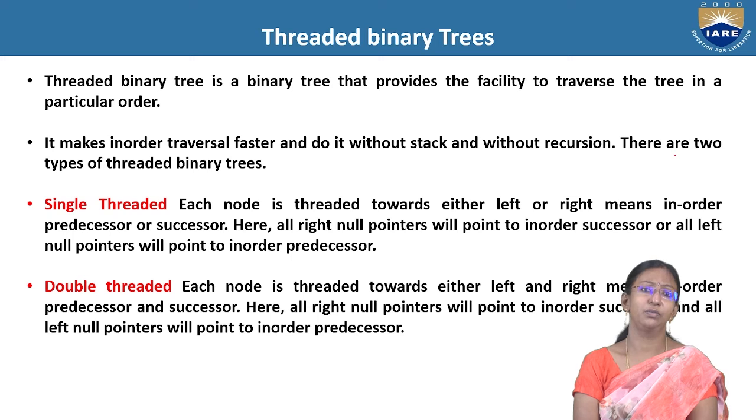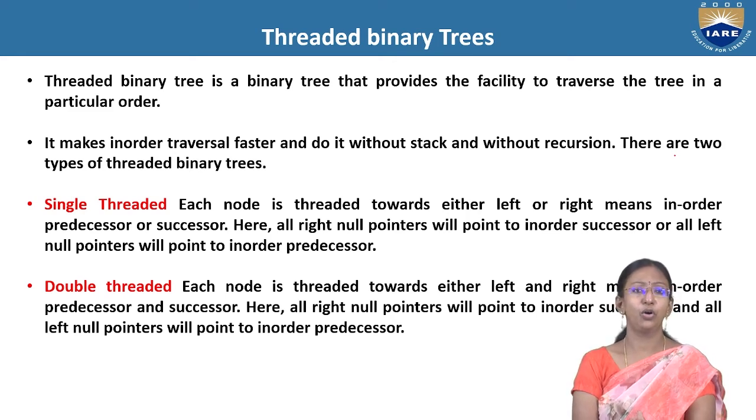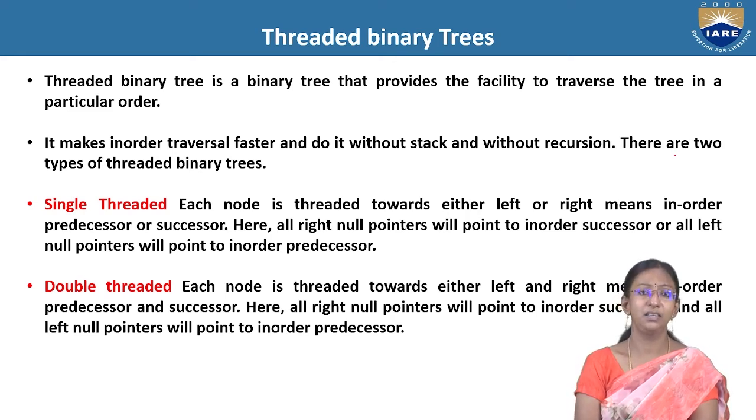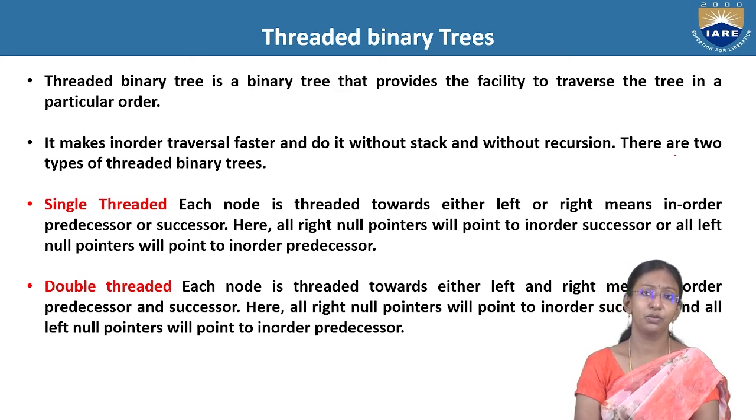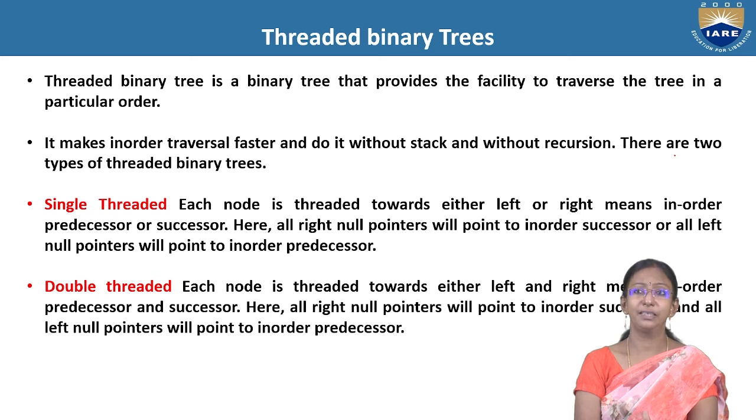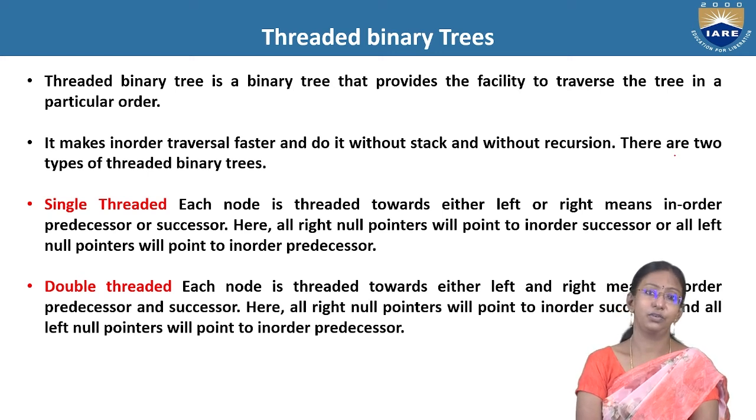So to reduce that, in-order traversal is the most prominent one. Just now you have seen that with in-order traversal we construct expression trees, right? So in order to make the job of in-order traversal much easier, threaded binary trees have come into the picture. It facilitates the traversal of a tree in a particular order, specifically in-order, faster, without the help of any stack or recursion.